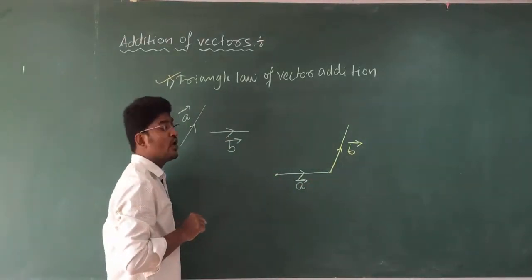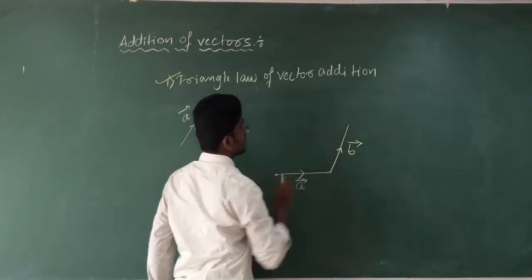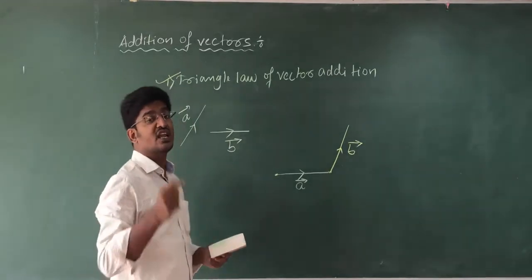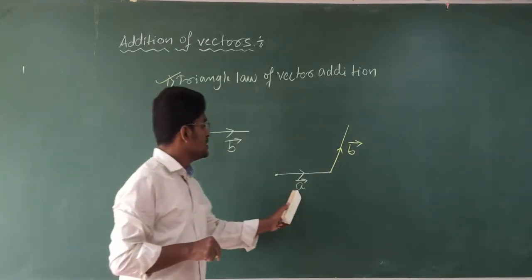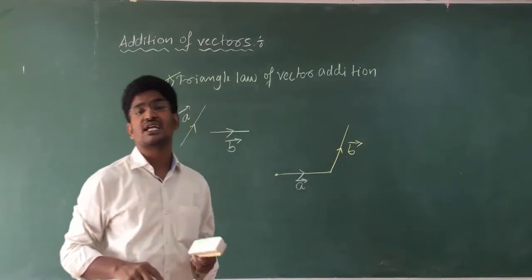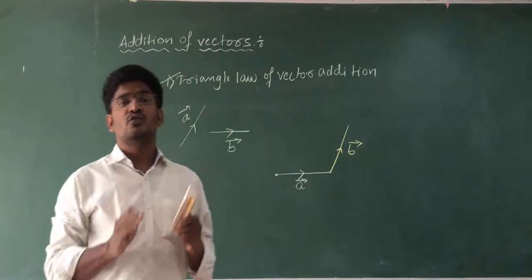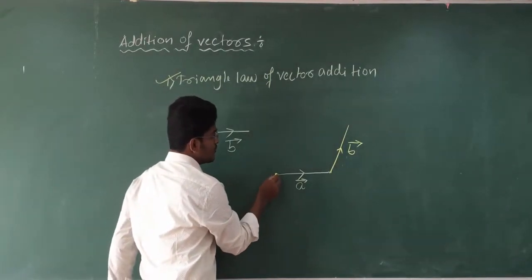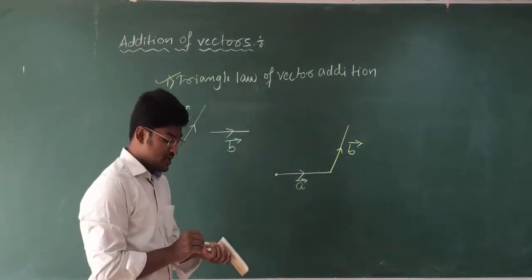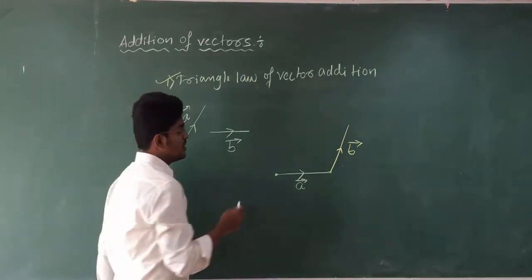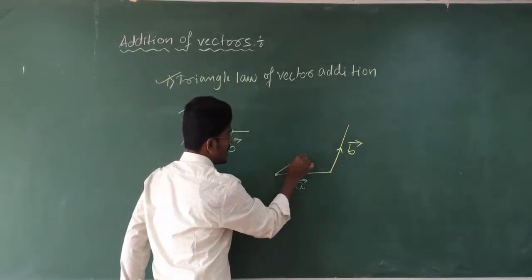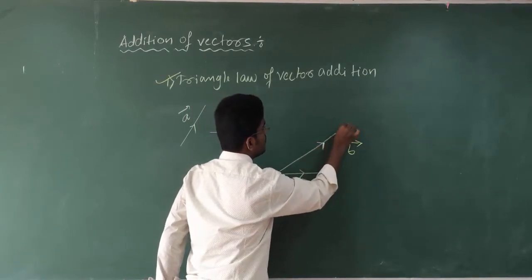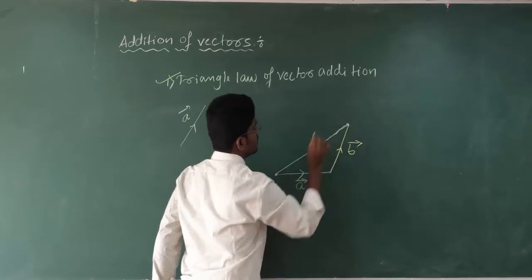With the terminal point of A, I will join B. So these will be the two sides. The next side, the resultant of vector A plus vector B, will be like this: from the initial point of A, you have to join to the final point of B.